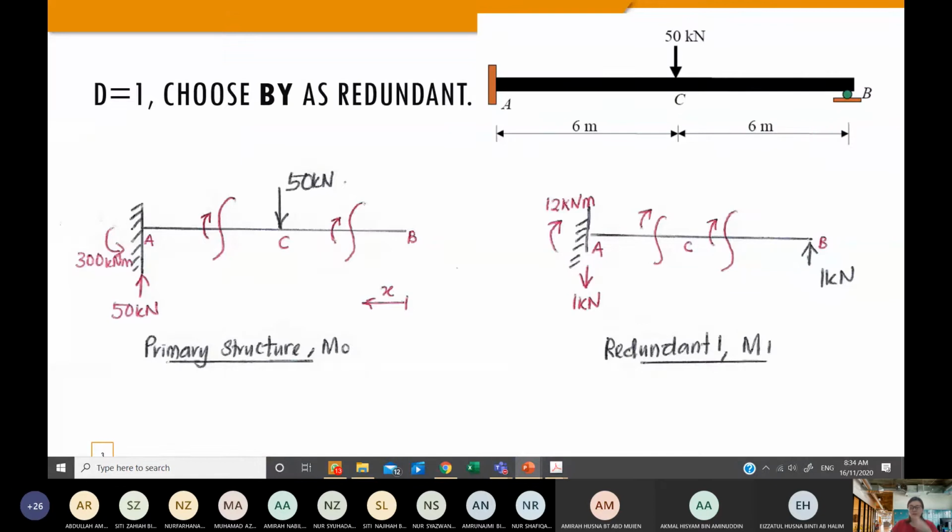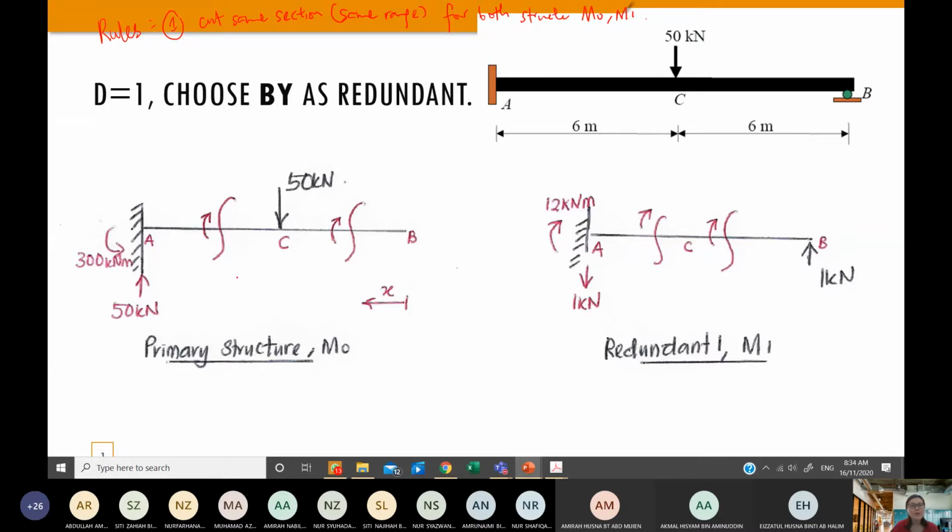Okay, so there are rules to be applied here. Make sure you cut the same section, or with the same range, for both structures, M0 and M1.